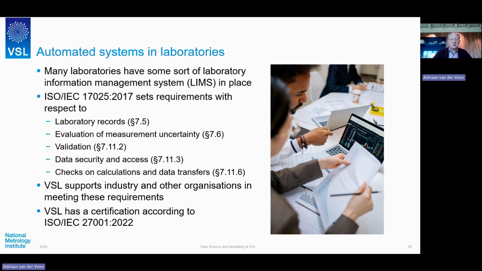We support our customers in these areas, partly based on our experience also with laboratory accreditation. We also have laboratory accreditations ourselves, but also partly based on our expertise in data science and modeling.